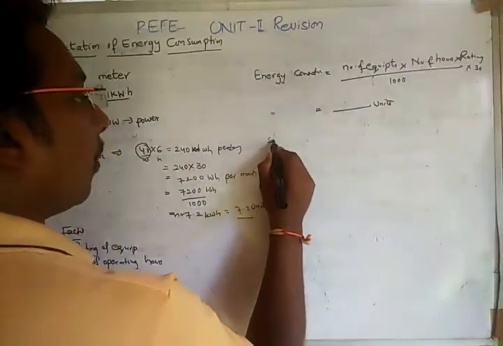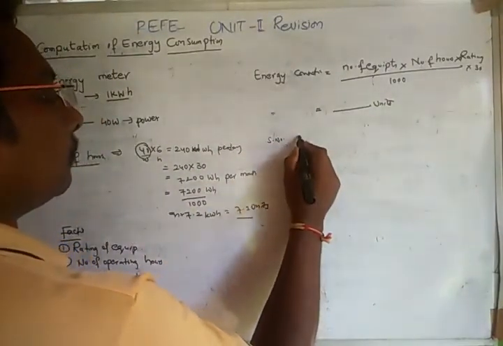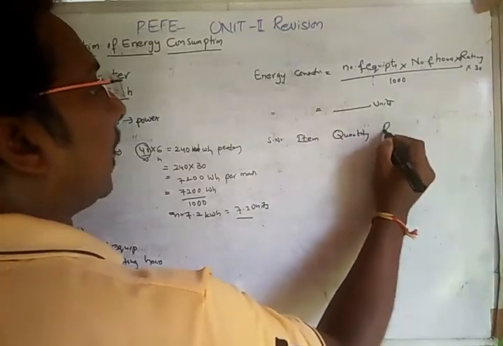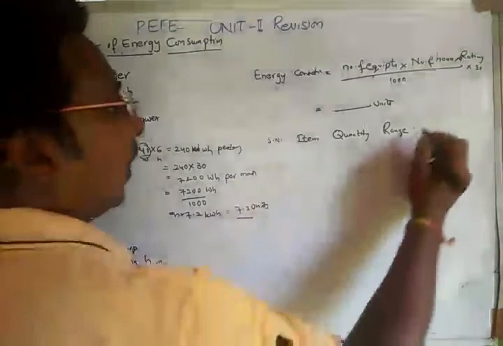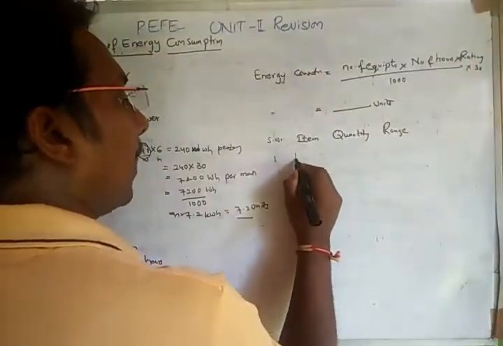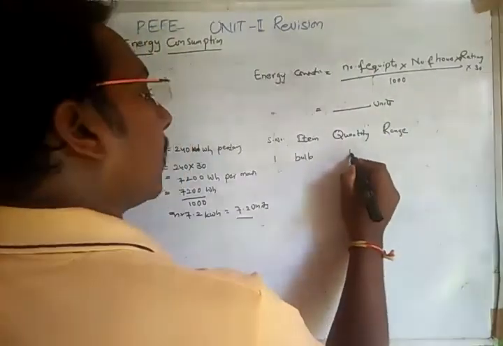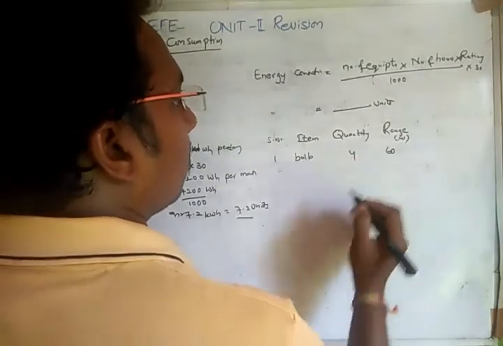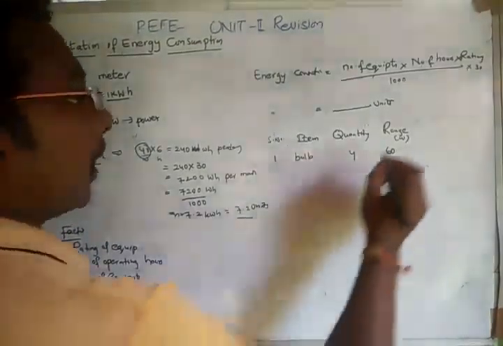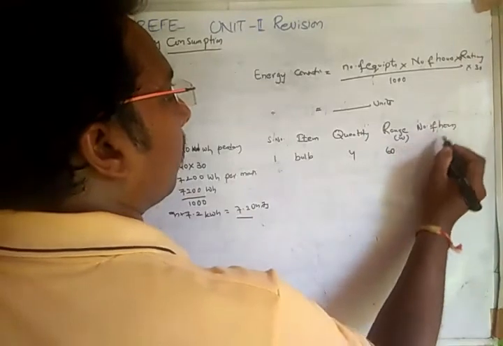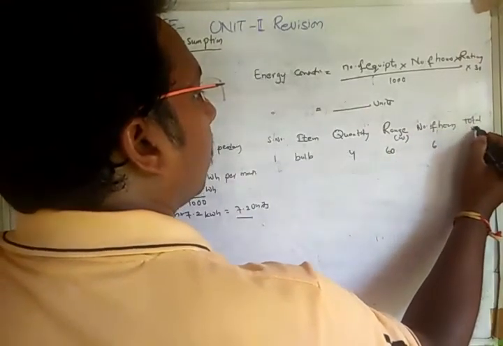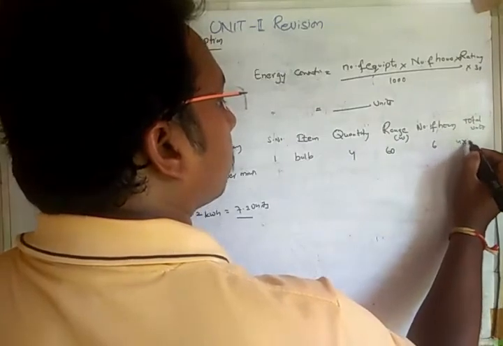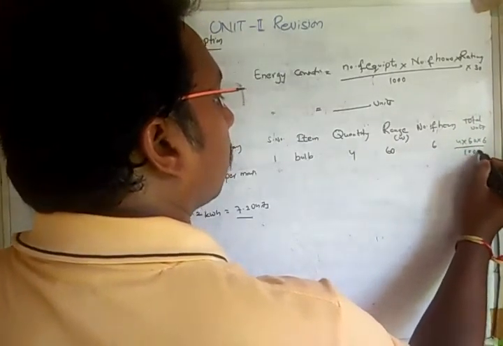For example, let us consider one problem with the columns serial number, item, quantity, rating, number of operating hours, and total units. For the bulb, there are 4 bulbs with a rating of 60 watts, operated 6 hours. The units are 4 into 60 into 6, divided by 1000, into 30.